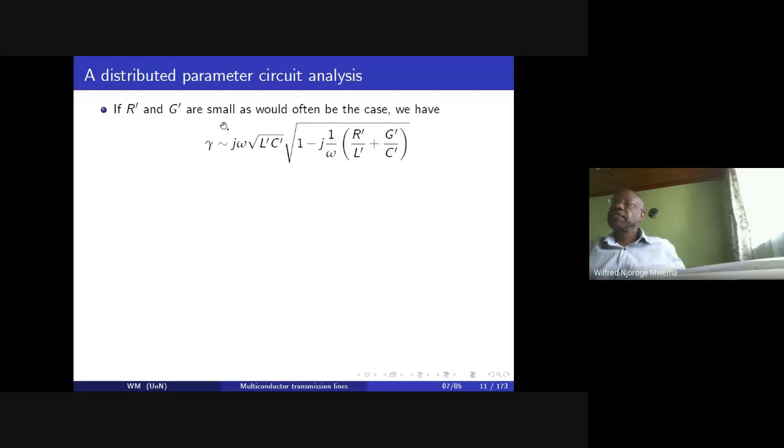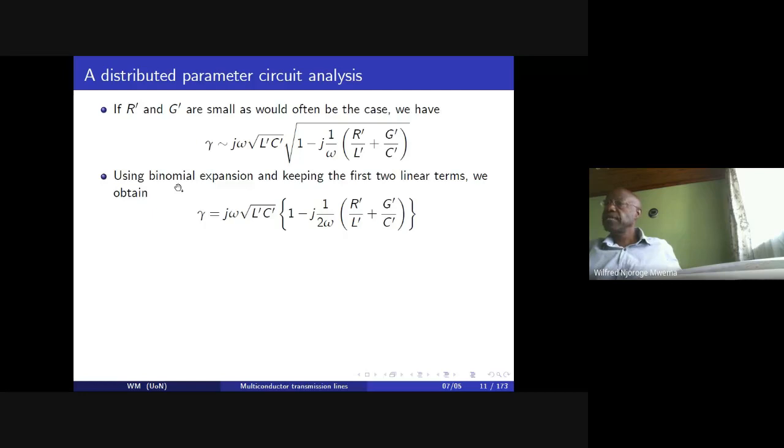So if R' and G' are small, and this would often be the case if we are using very good conductors and very good dielectrics, that is almost perfect dielectric and almost perfect conductors, then we shall see that the product R'G' is going to be small, and therefore we can get gamma approximately as jω root L'C' times root of 1 − j(1/ω)(R'/L' + G'/C').